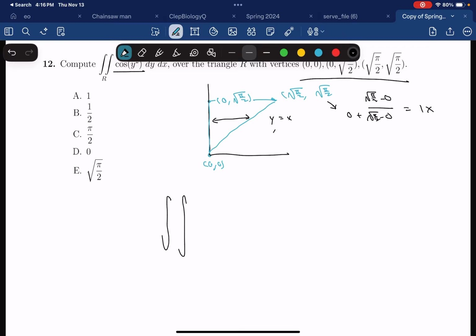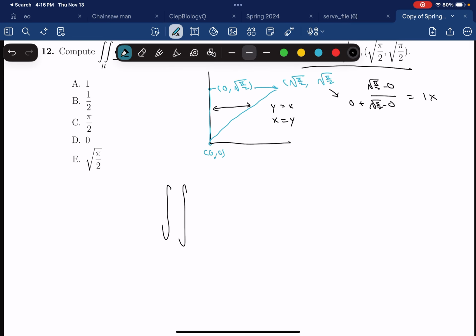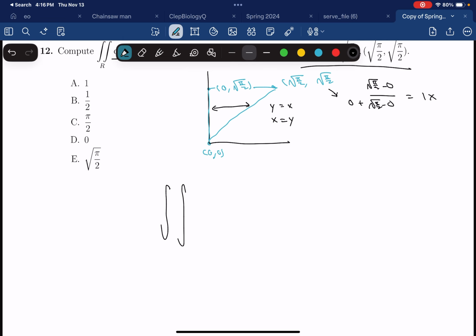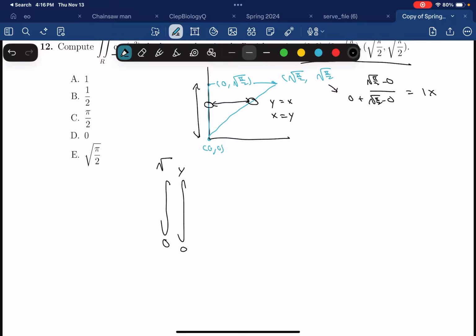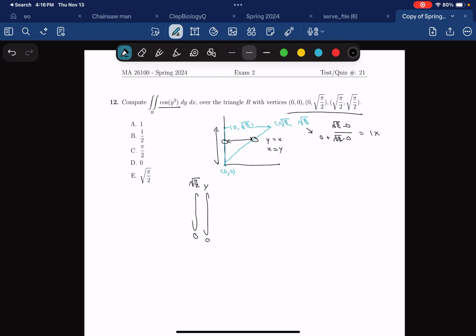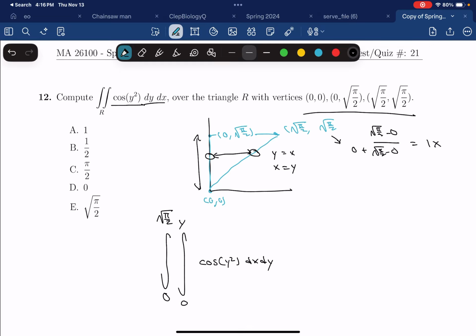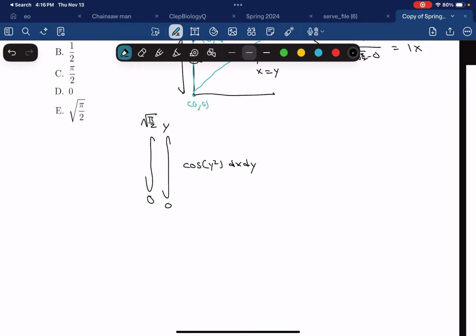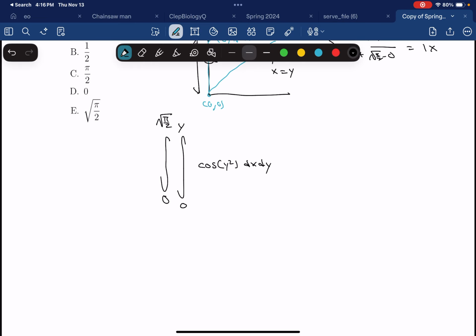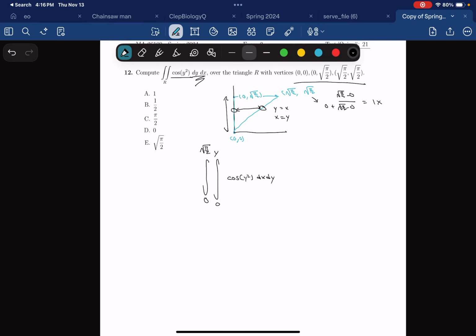You can also say that x is just equal to y. In this case, I'm going to say x is equal to y, so it goes from 0 to y. And y goes from 0 to square root of pi over 2. And we already know that our f is cosine of y squared, and this will be dx dy. Now they want you to do dy dx, but honestly, I did it, I was like, dx dy is way easier, so I'm just going to do that.